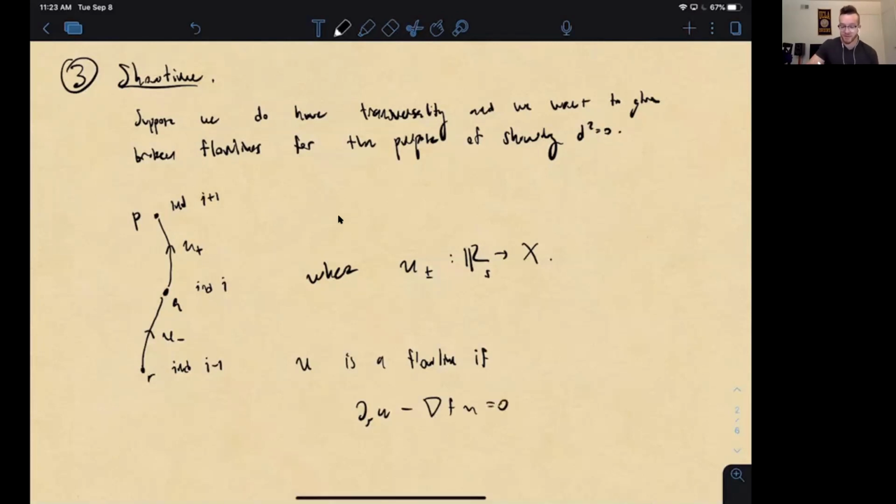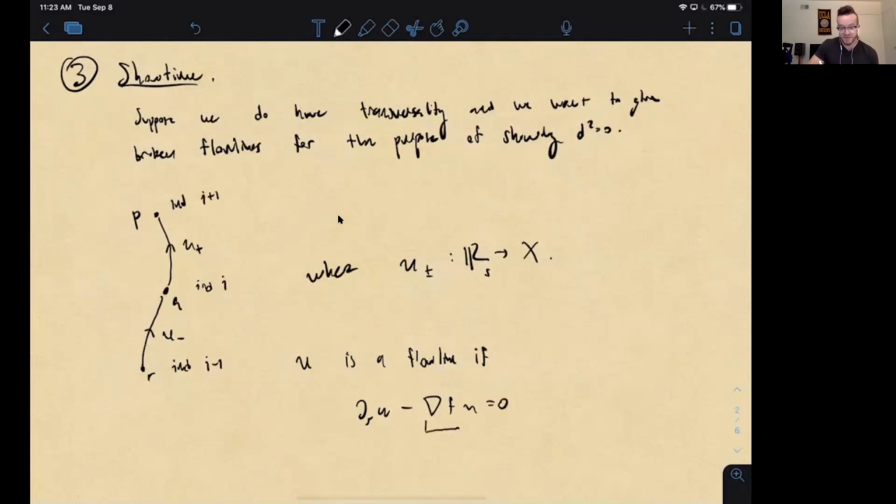And then to save myself some writing and also to be consistent with Hutchings and the other references, I'm going to rename the gradient of F to be V so that I can save 0.1 seconds every time I have to write the gradient of F.